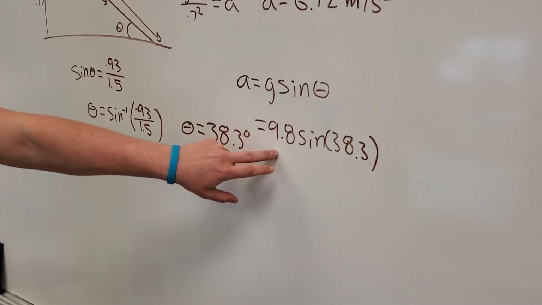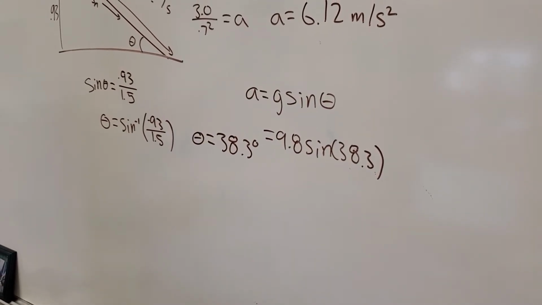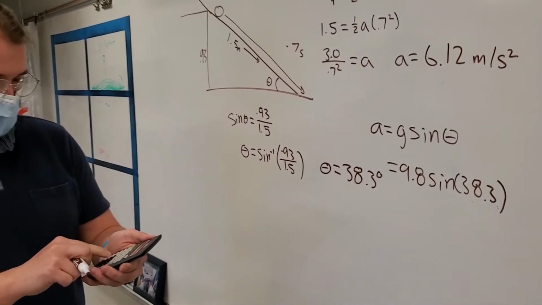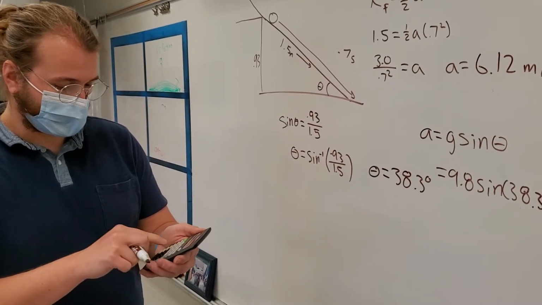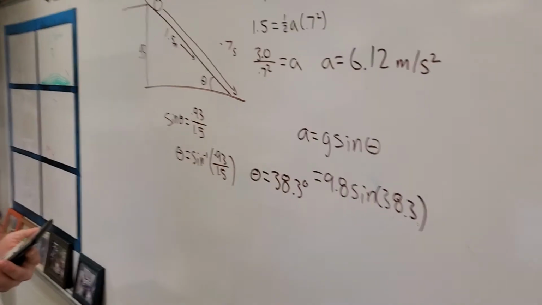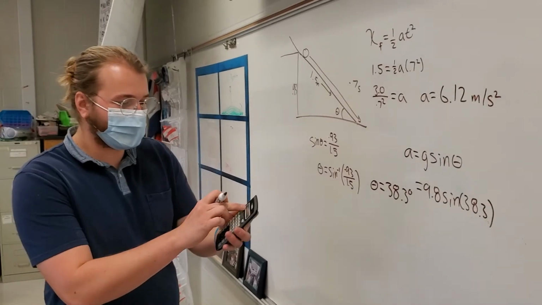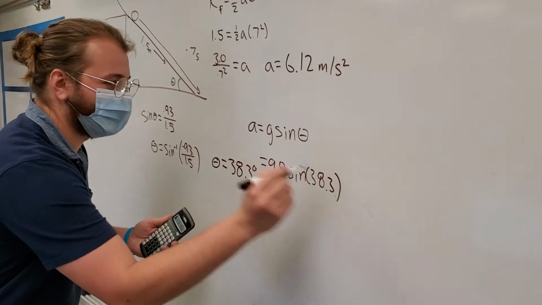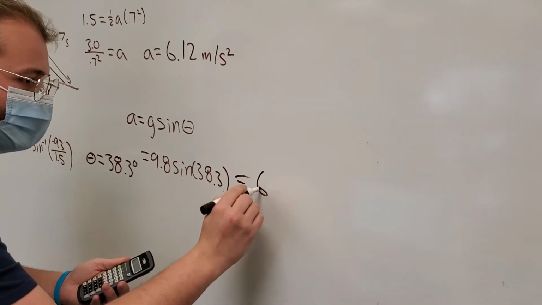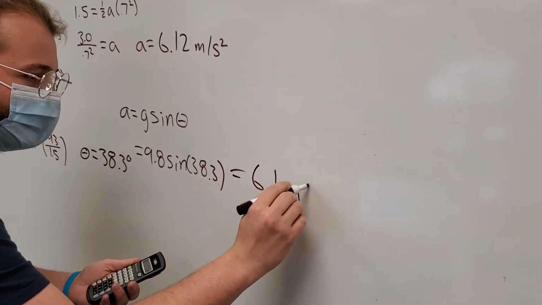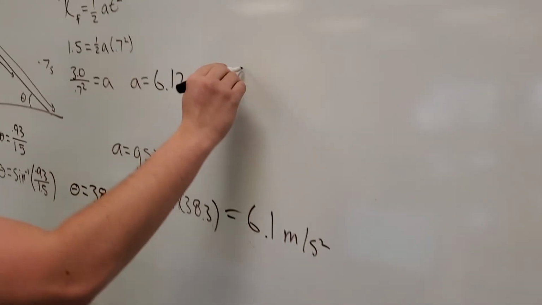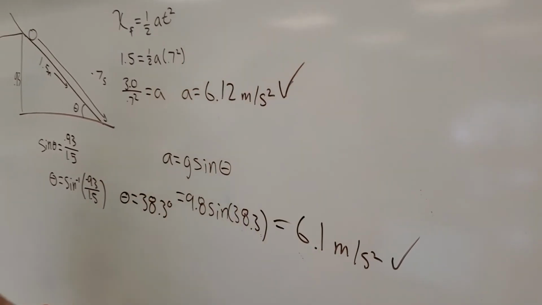What do you get for the acceleration when you solve that out? So 9.8 times sine of 38.3. Go. All right, so I did it on my calculator, and I got this answer right here. I'll write it over on this side. 6.1 meters per second squared. Look at that. Checks out. So our work was good.